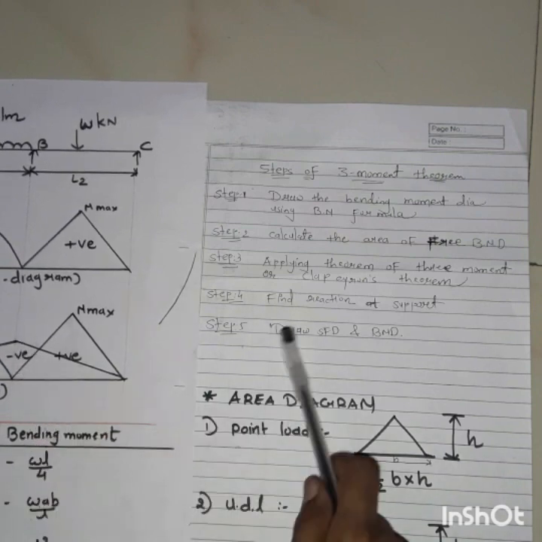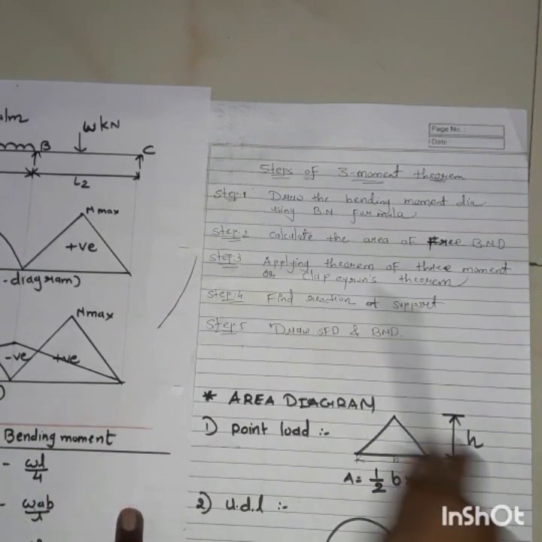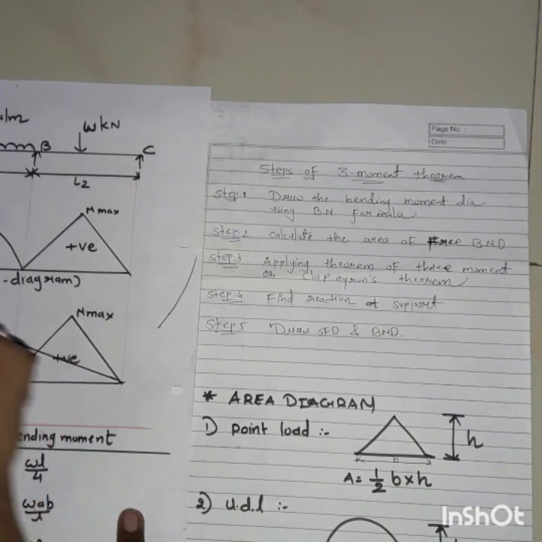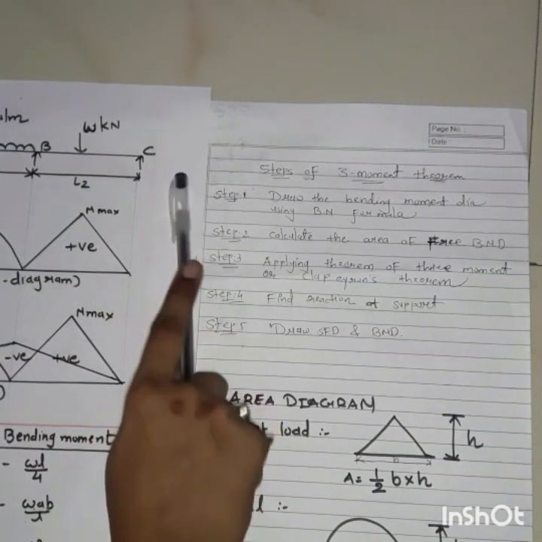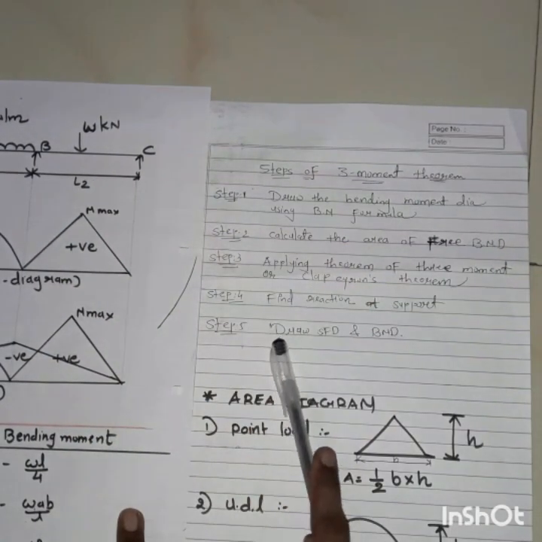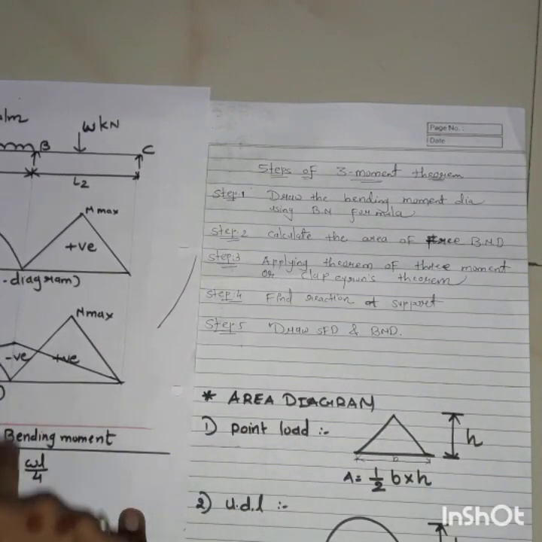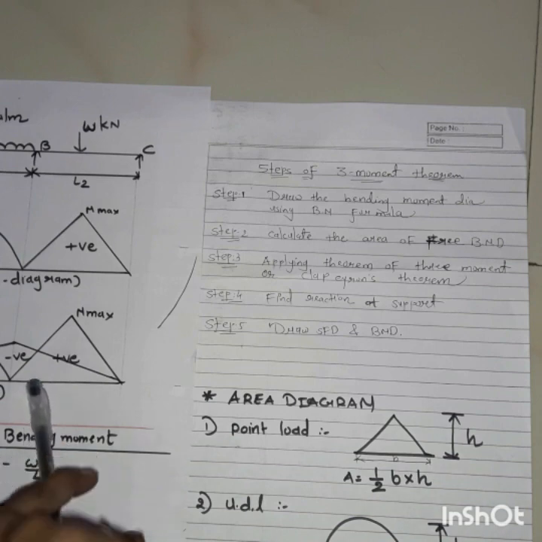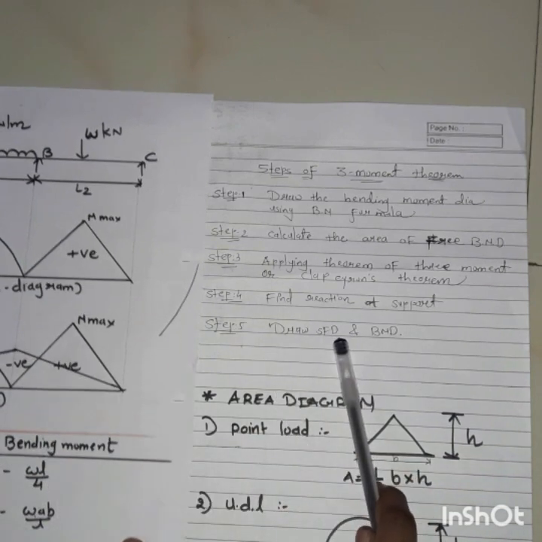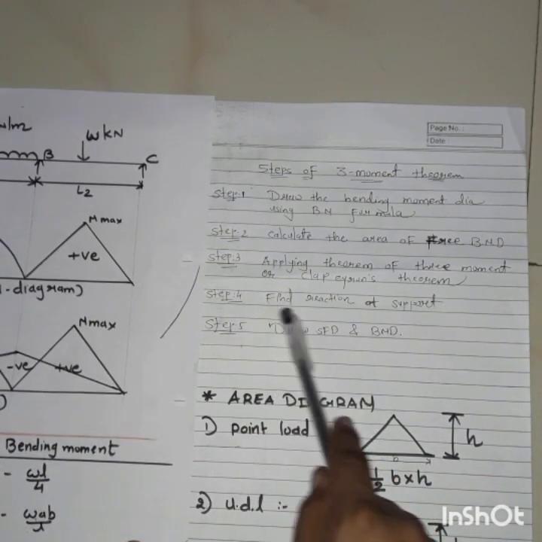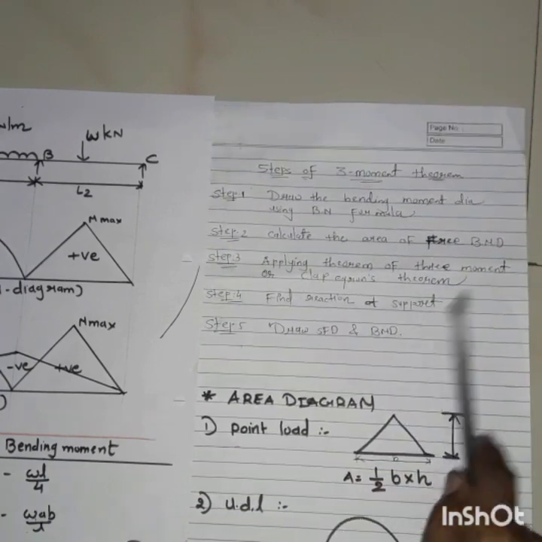Next is the reaction at support. Find the reaction of A and reaction of C, and the last step is to draw SFD and BMD. Here BMD is drawn, so draw the SFD last with respect to the reaction at support.